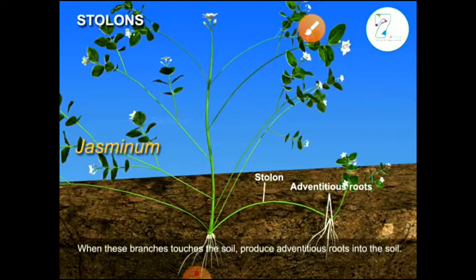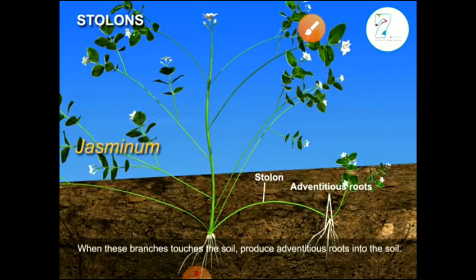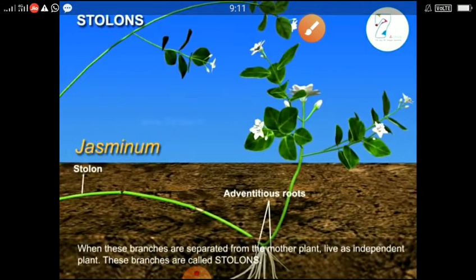When these branches touch the soil, they produce adventitious roots into the soil. When this stolon touches the ground, what will develop? Adventitious roots will develop. When these branches are separated from the mother plant, they lead an independent life.